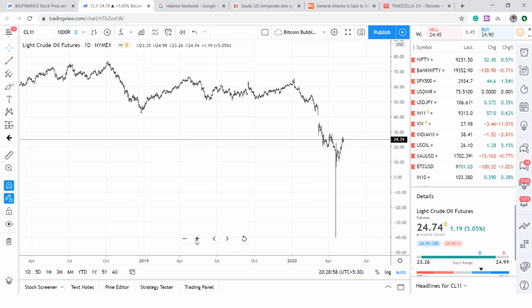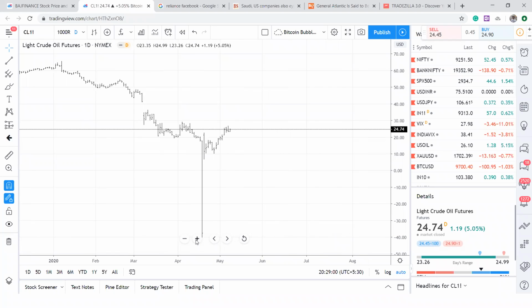The policy measures were taken here. The OPEC plus meet happened, and then the production cut took place. Somewhere in April, they were talking about the OPEC production cut. Despite the production cut, it went down a little bit.